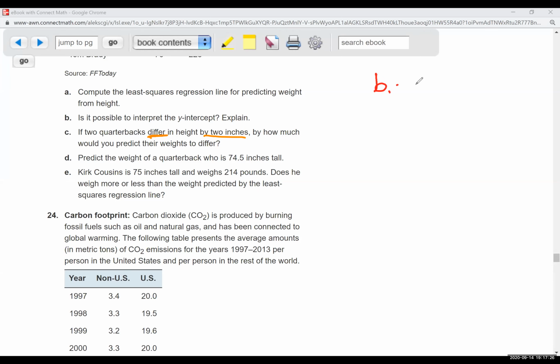B1 times D. Whenever you see differ, that's the difference. This is the formula, B1, the slope, times D. From letter A, our equation of the line was -146.7.